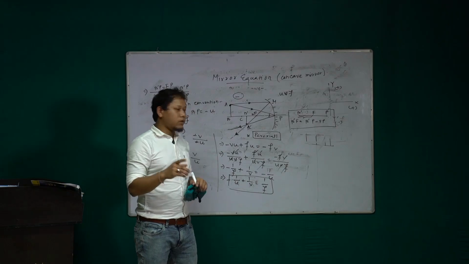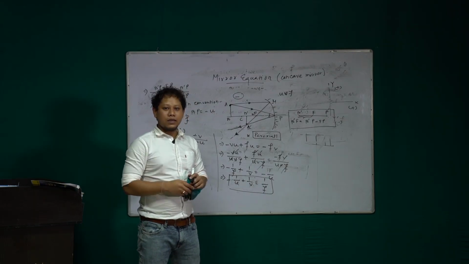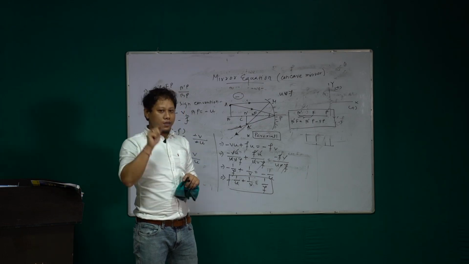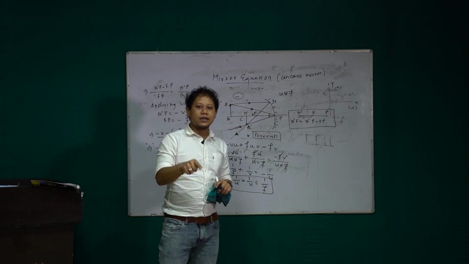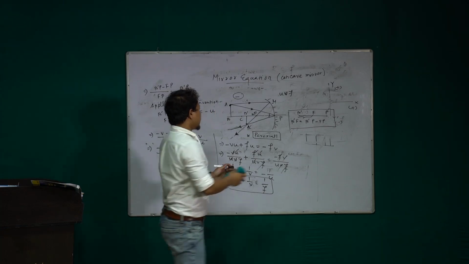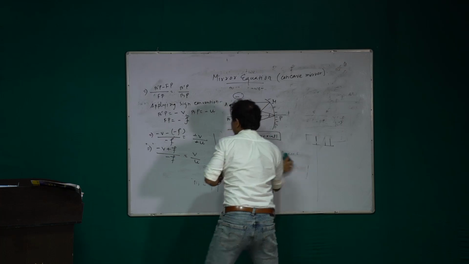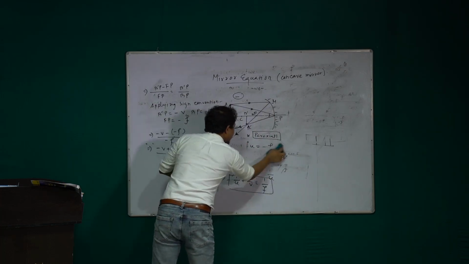But guys, if you go for the entrance exams, NEET or JEE, there are two types of magnification: one is linear, another is transverse. But in this syllabus, we'll discuss only the linear magnification. So let me give you the definition. Our next topic is linear magnification.